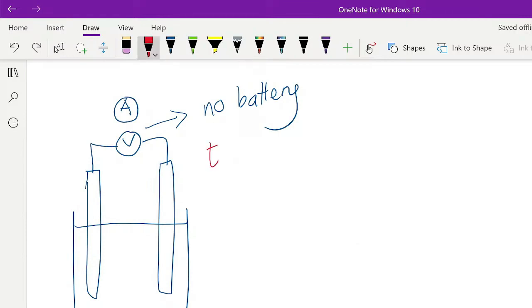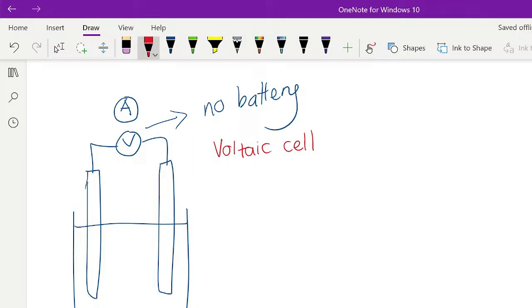This must be a voltaic cell. A voltaic cell produces electrical energy, but electrolysis consumes electrical energy, so it needs a battery. A voltaic cell is the battery.